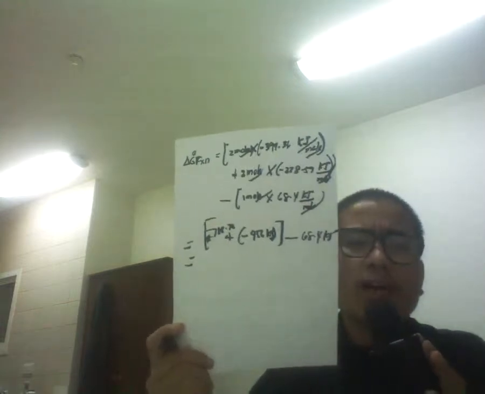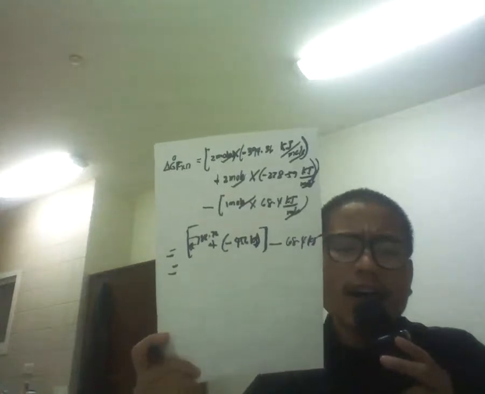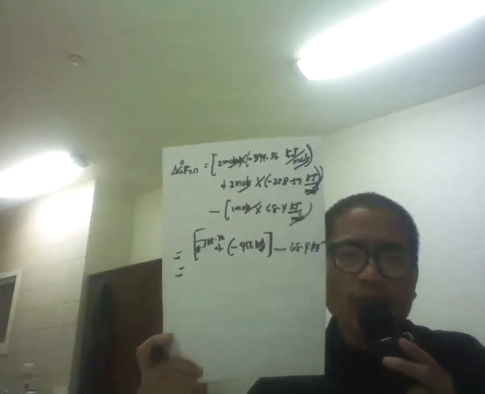You can have your own way to write it cleanly, so that you will not make errors. Negative plus negative is negative, right? So 788.72 plus 456 is equal to 1244.72, negative.